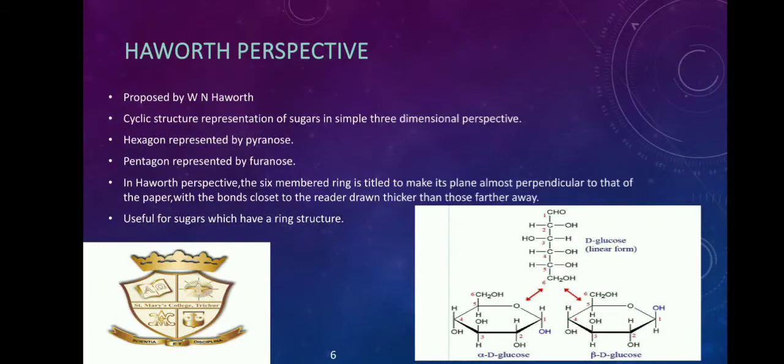The next method is the Haworth perspective formula. It was proposed by W. N. Haworth and it shows the cyclic structure representation of sugars in a simple two-dimensional perspective.